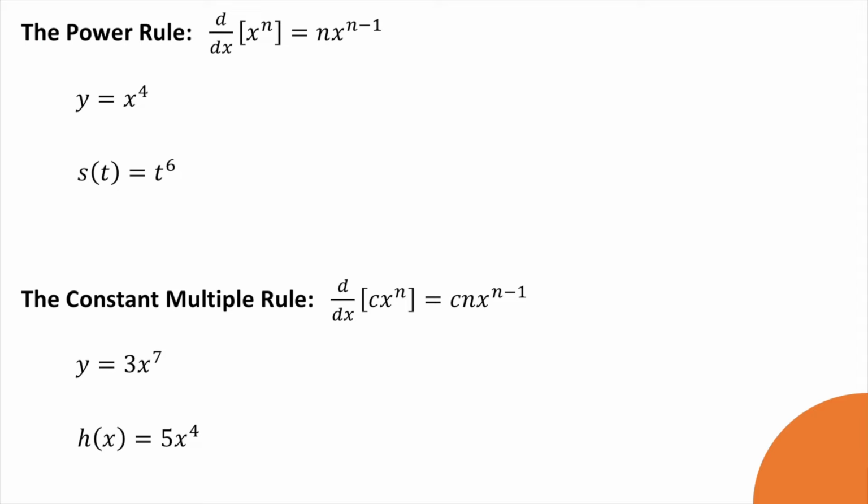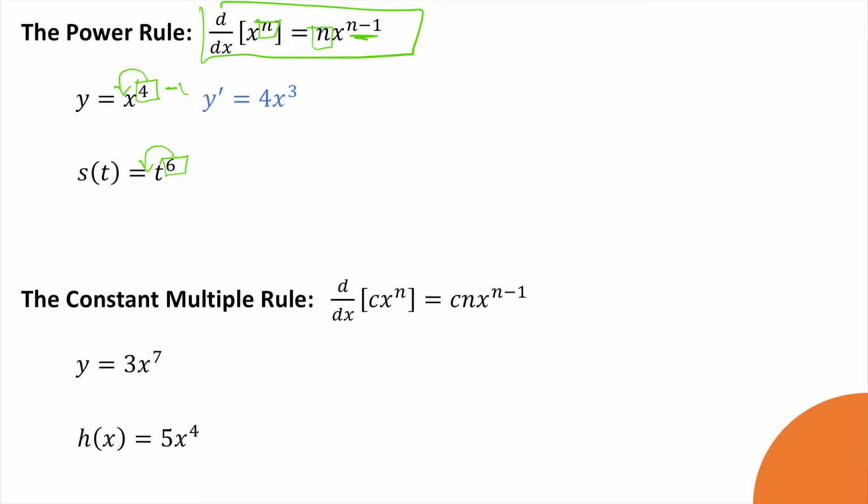Let's practice some. This is called the power rule. Here's what it looks like. And so here's the exponent n, and notice it just came to the front and then we subtracted 1 from it. So 4 is the exponent. We're going to bring it forward and then subtract 1 from it. 4x cubed. The 6 is the exponent.